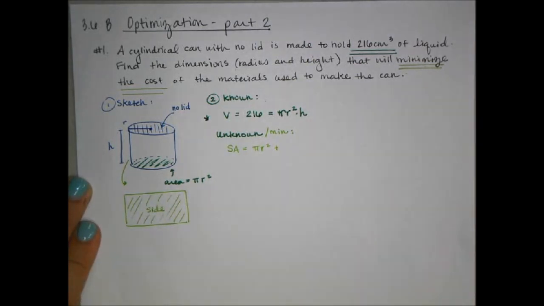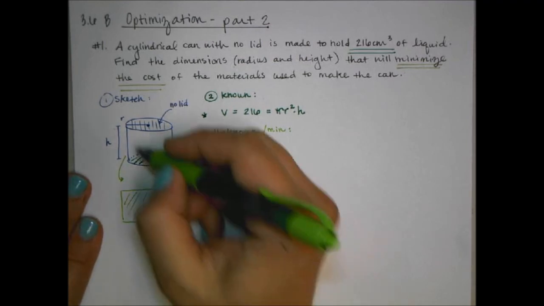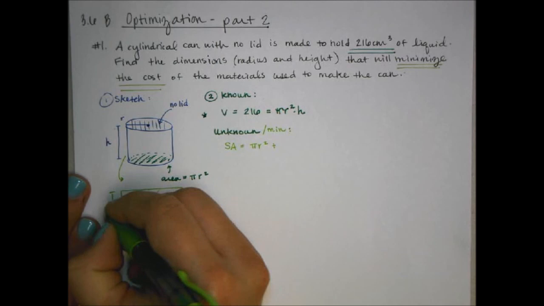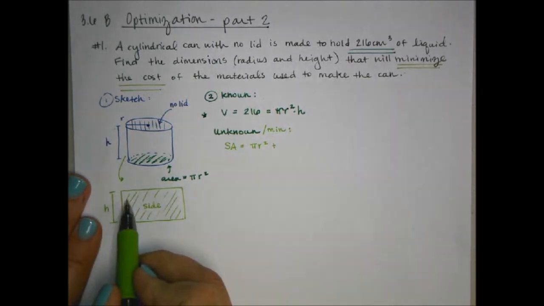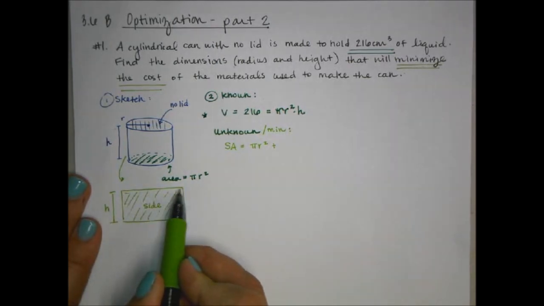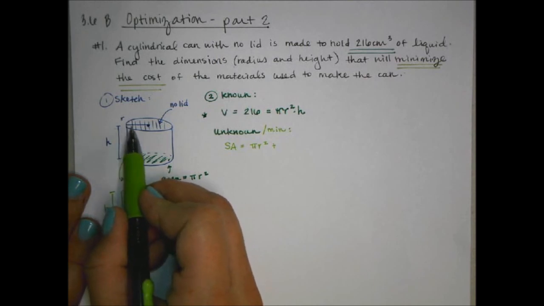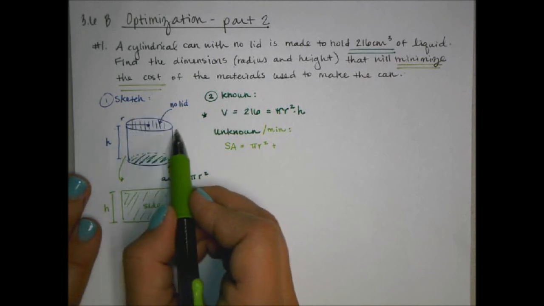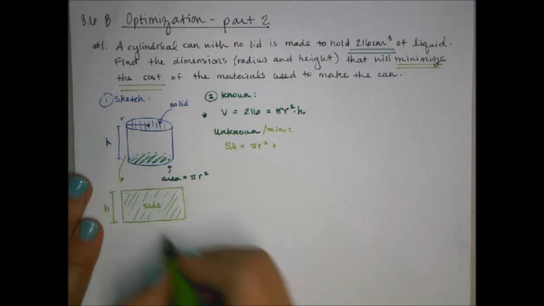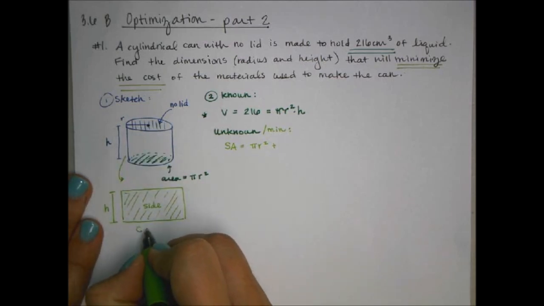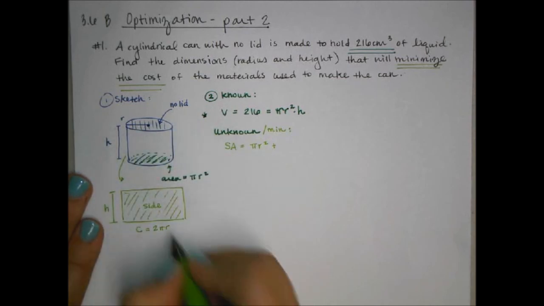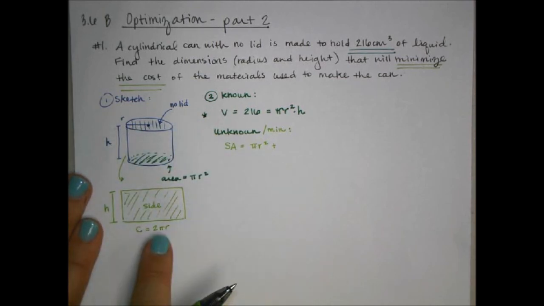That siding has a height of h still. The length of the can here is what we unrolled. So it's just the length around the rim of the can, and that's going to be our circumference. Circumference is 2 pi times the radius. So the area of the side is 2 pi r times h.